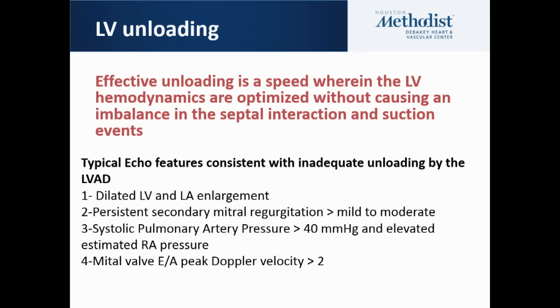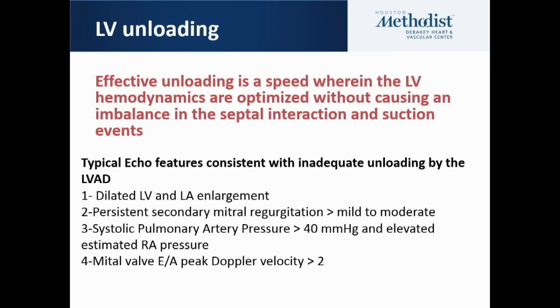So what is LV unloading? In my mind, and this is my definition, effective unloading is a speed where the LV hemodynamics are optimized, meaning that the LV size is small, you have a normal pulmonary capillary wedge pressure without compromising the RV hemodynamics too much, where your wedge to RA ratio is within a reasonable range.